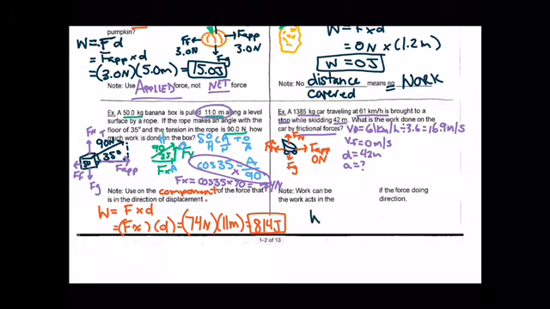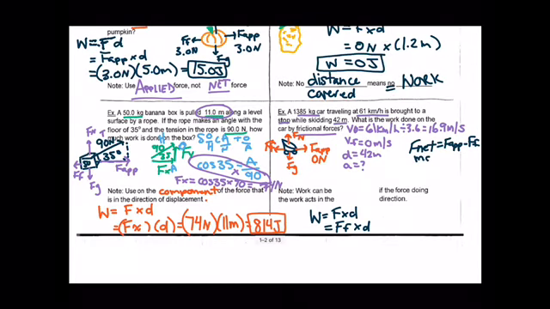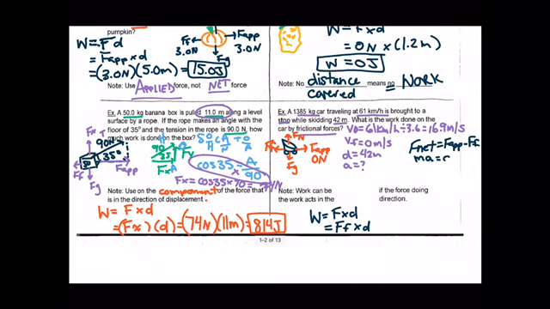So when we go to do work, which is force times distance, we're going to do force of friction times our distance. Now, to get the force of friction, we have to go back and use that F net formula, which would mean applied force minus force of friction. And our F net is mass times acceleration. And this is 0 minus force of friction.